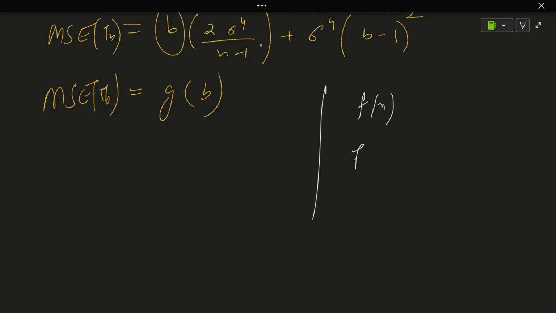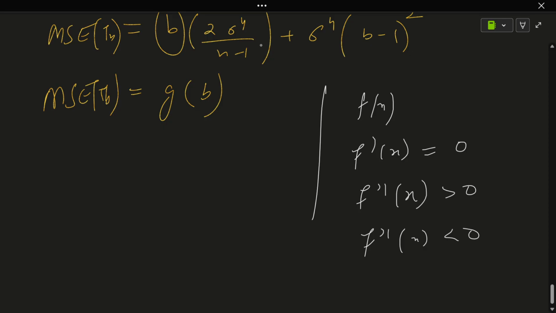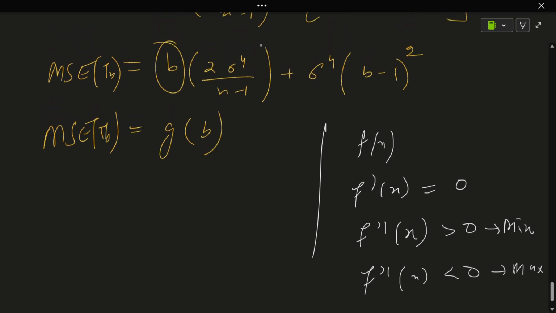So we can simply differentiate this function and put that equal to 0. And if double differentiation of this function is greater than 0, we will get the minimum value. If this is less than 0, we will get the maximum value. So on the basis of these two, we can conclude if there is a minimum or maximum.